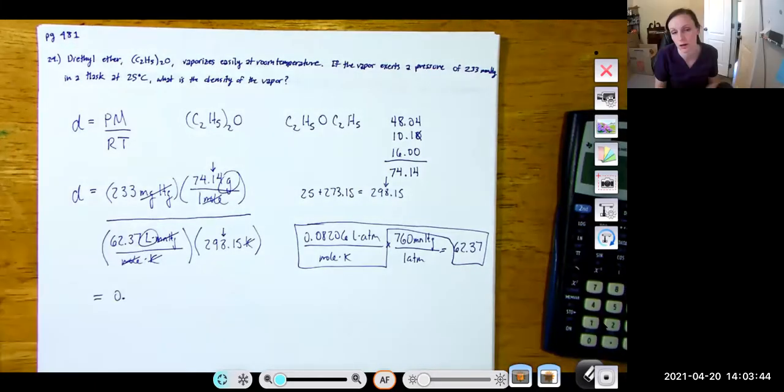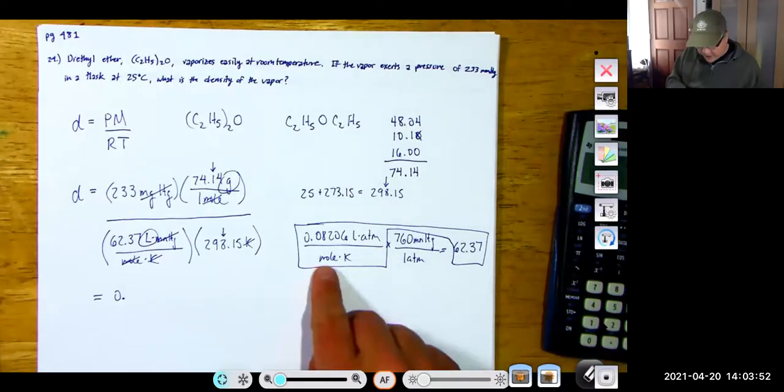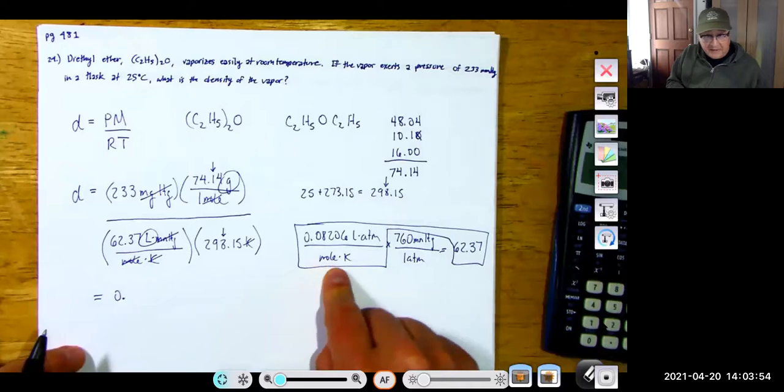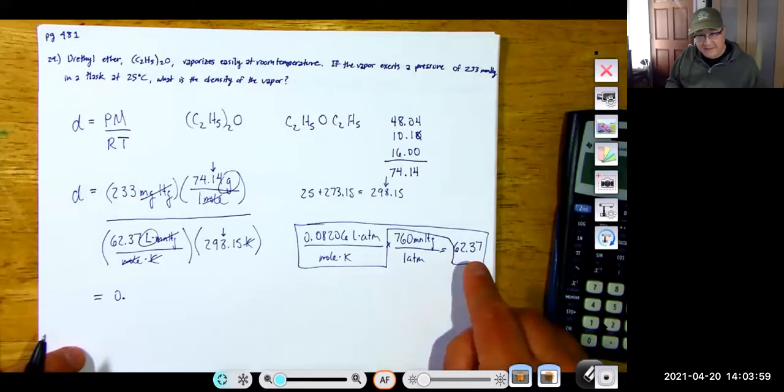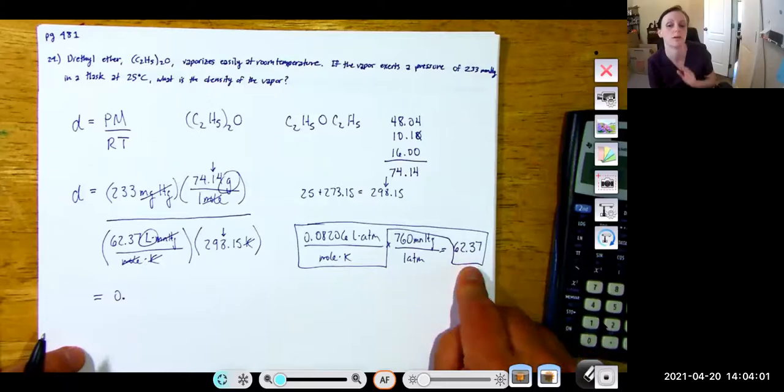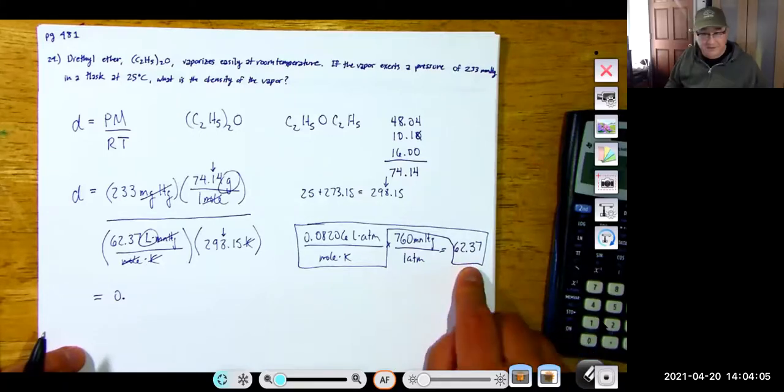For the R constant, should we show that work, or is it okay if we write these on our note cards? I would write this on my note card and use that if I need it. So we don't need to show that conversion. No, because most people memorize both of these.